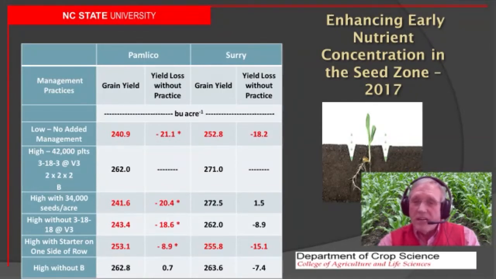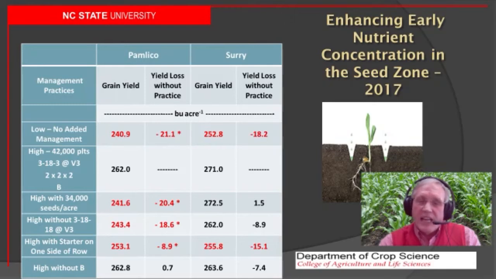We used a 2x2x2, or 3x2x2 if I get technical, both sides of the row, versus where I just put it on one side of the row. You could see 262 went to 253. So that meant that I gained 8.9, or 271 went to 255. So this sort of defines what we've seen from that technique.